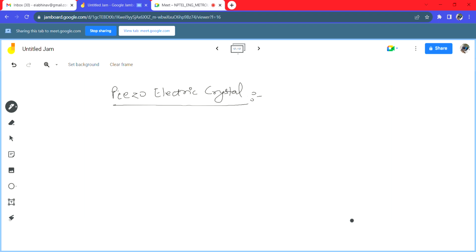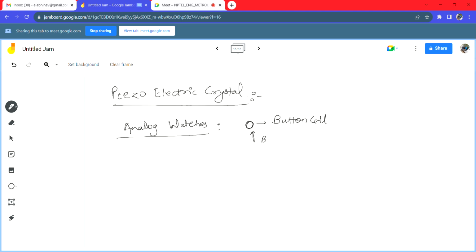You might have seen in your analog watches there is a very small button kind of a thing, and it is also called a button cell at times.